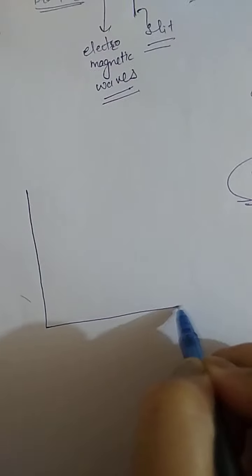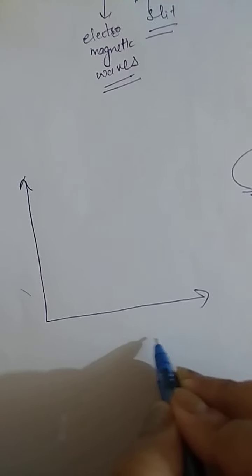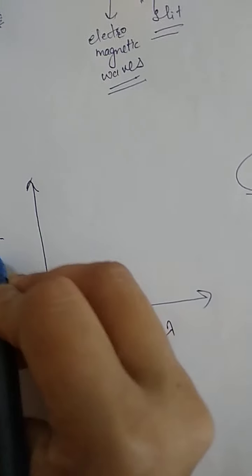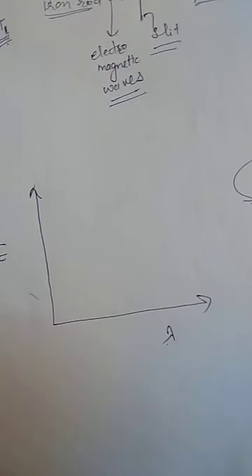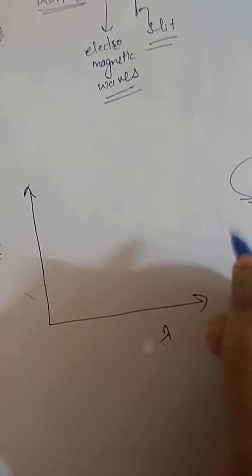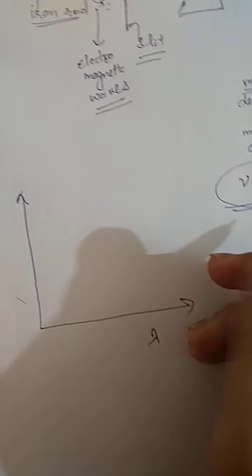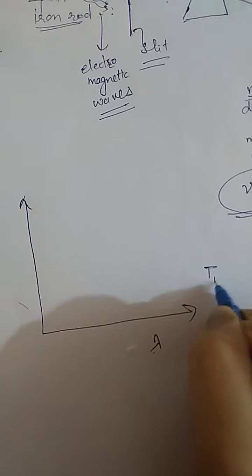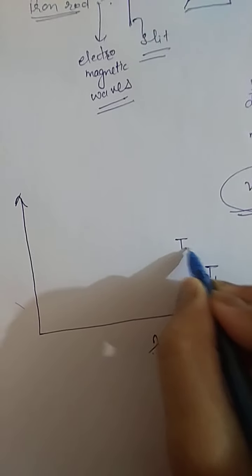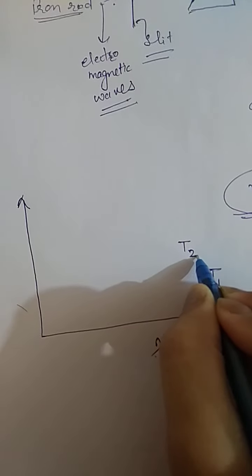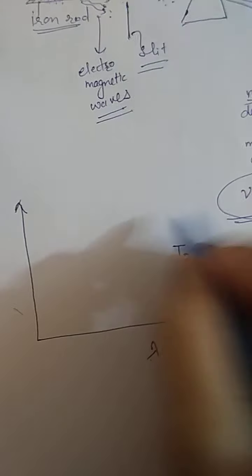A graph was plotted between wavelength and energy at constant temperatures. Suppose we are taking three different temperatures, where T1 is greater than T2, which is greater than T3.